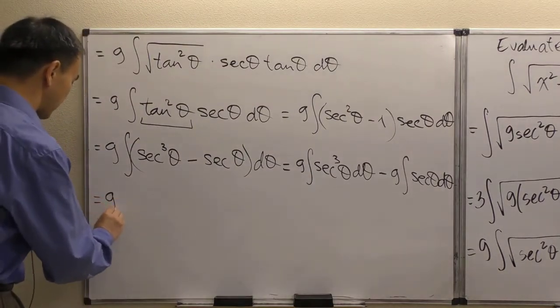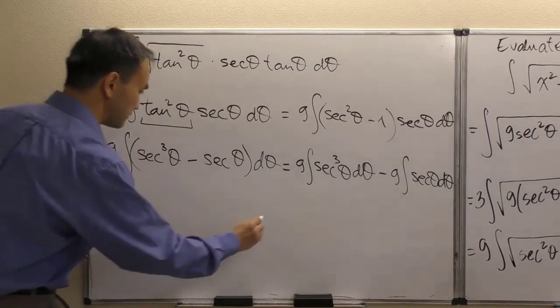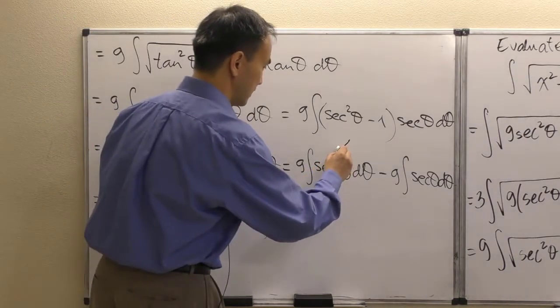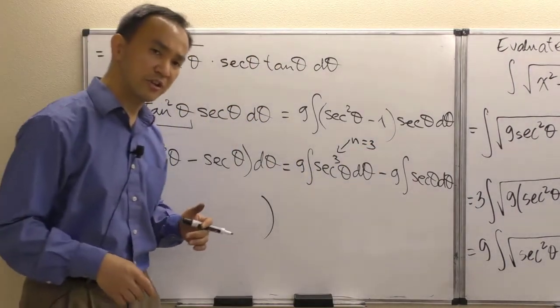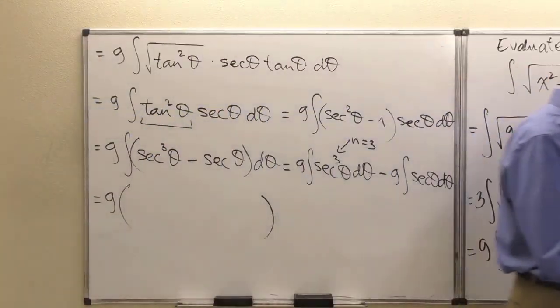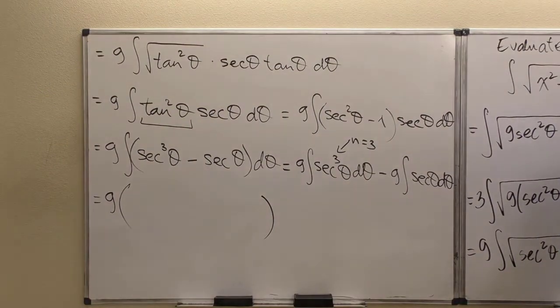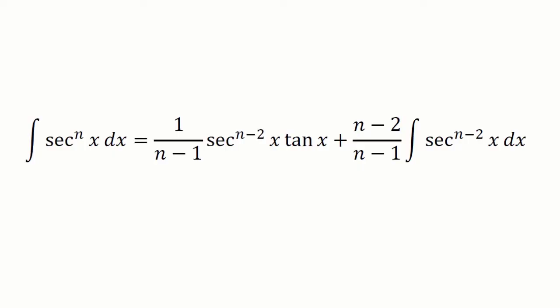So secant cube of theta. Again, the plan is I'm going to be using the power reduction formula. Let me remind everyone about the reduction formula for a secant. So here we go, the reduction formula for secant: the integral of secant to a power n can be equal to all of this right here.